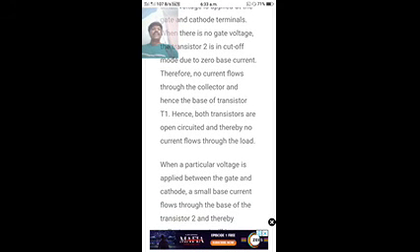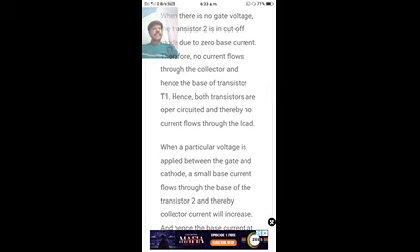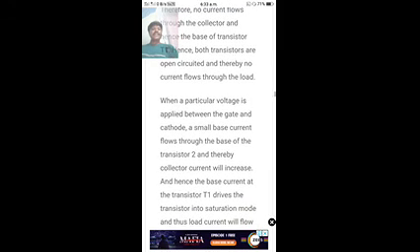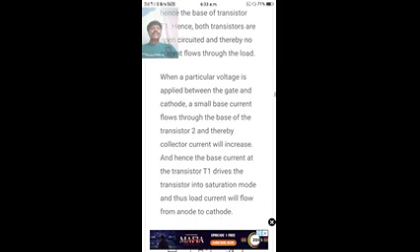When a particular voltage is applied between the gate and cathode, that is, the gate triggering voltage is applied, a small gate current, nothing but a small base current, flows through the base of transistor 2, and thereby its collector current will increase, and hence the base current of transistor T1 drives T1 into saturation mode.